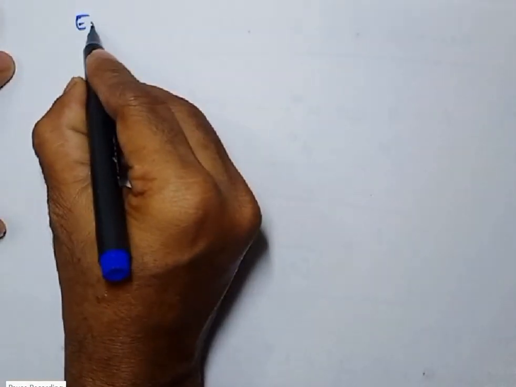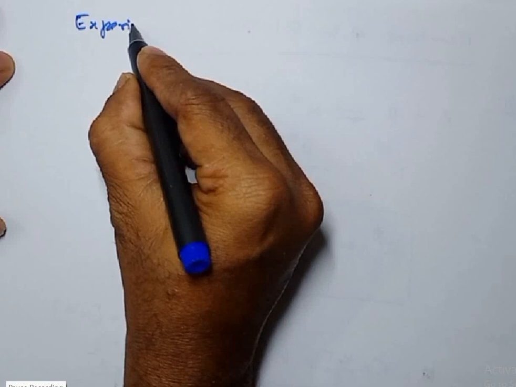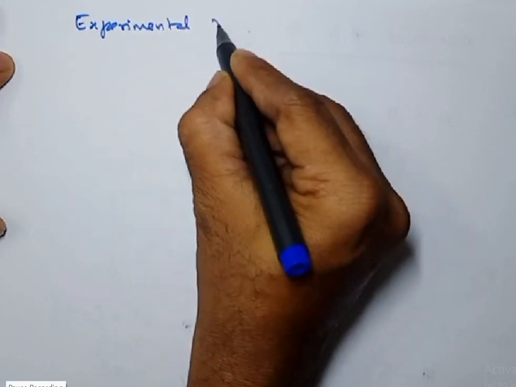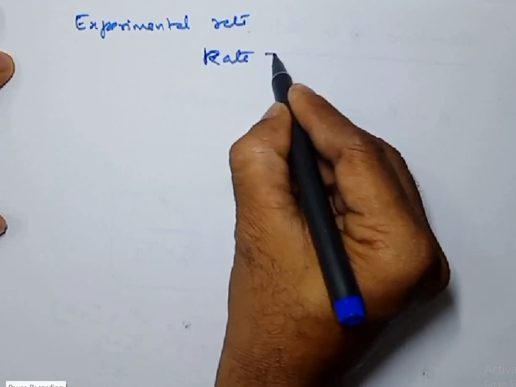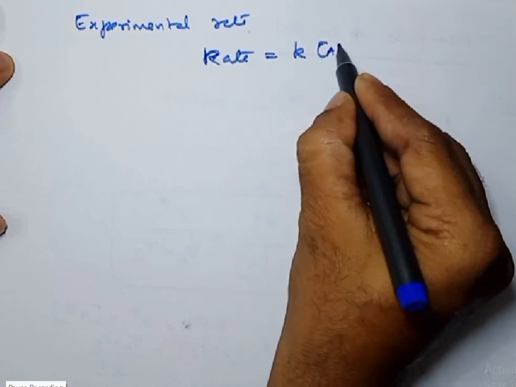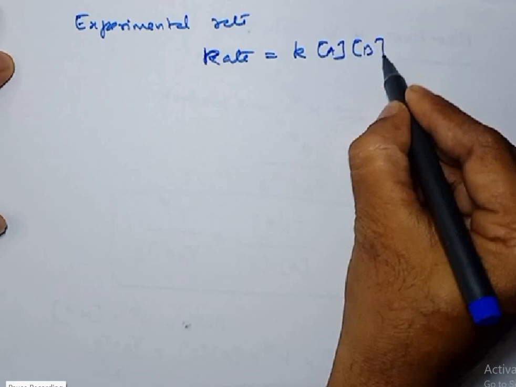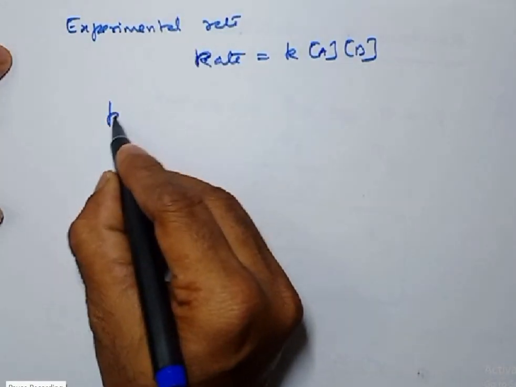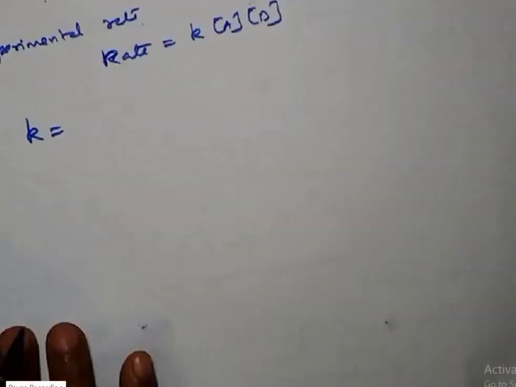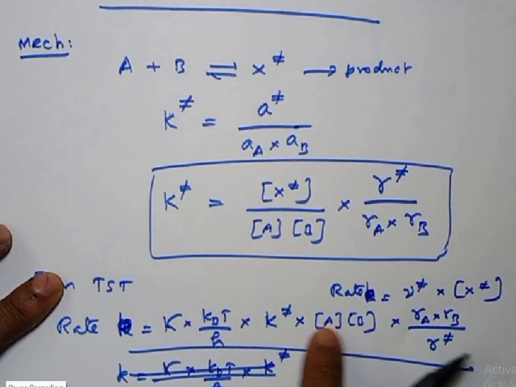Experimental rate is equal to rate constant into concentration of A into concentration of B. If I equate these two, what will happen? Here we have AB, here we have AB, cancel.